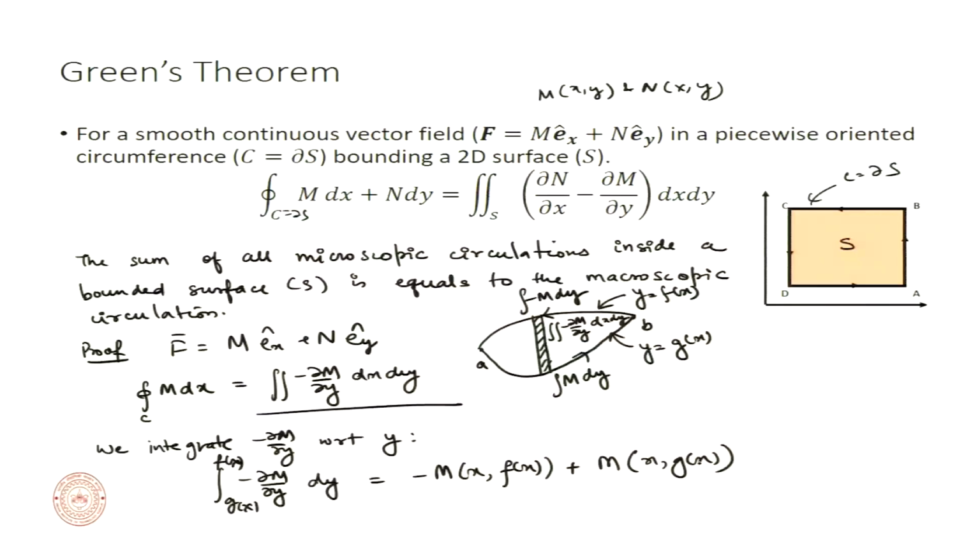Okay. So, the bottom one is g, the top one is f. We have a minus sign, so the signs will flip, or the integration will flip. It will go from f to g rather than from g to f, and we will get this as an output. Okay. Then we integrate it again, the second integration, is with respect to x.